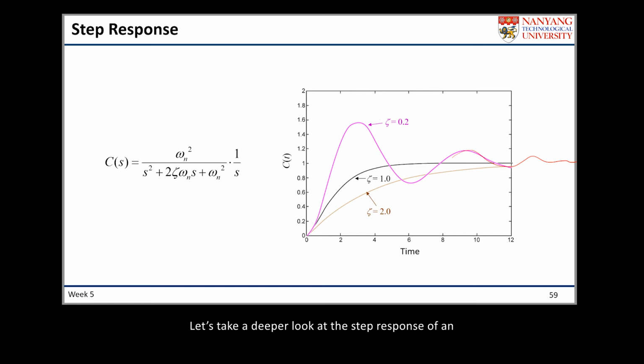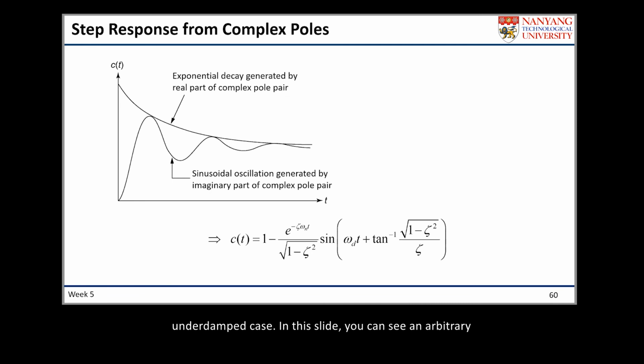Let's take a deeper look at the step response of an underdamped case. In this slide, you can see an arbitrary step response of an underdamped case. The response is oscillating like this, even though after some time it is stabilized, right? But at the beginning, it is oscillating. In particular, the amplitude of the oscillation is decaying.